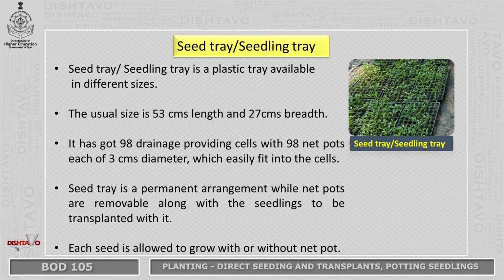And it will have around 98 drainage-provided cells with 98 net pots, each of 3 cm diameter, which easily fit into the cells. Seed tray is a permanent arrangement while net pots are removable, along with the seedlings to be transplanted with it. Each seed is allowed to grow with or without net pot.